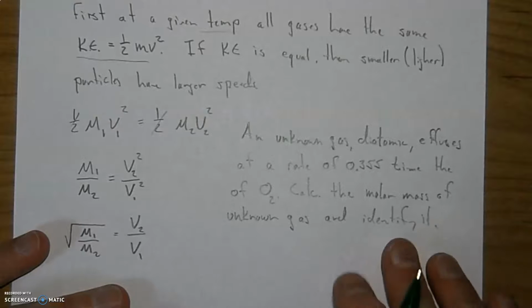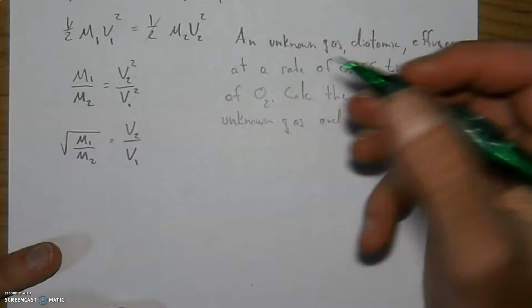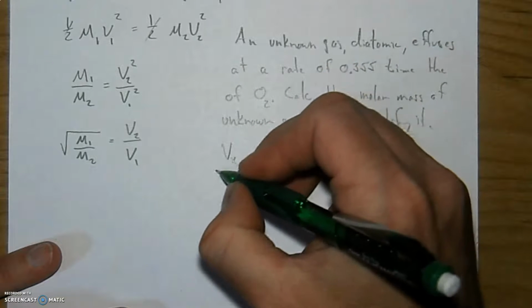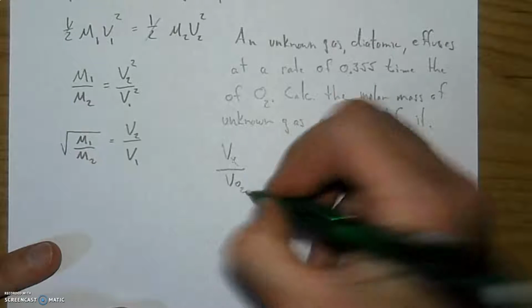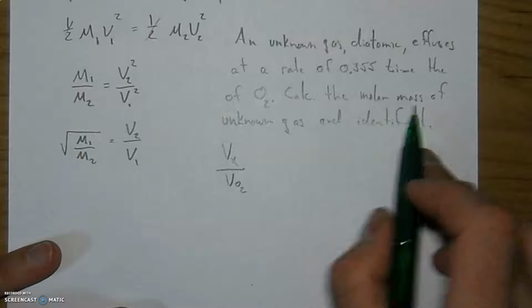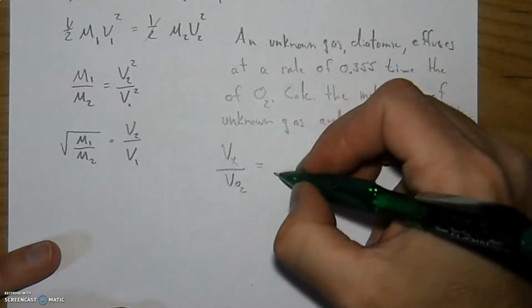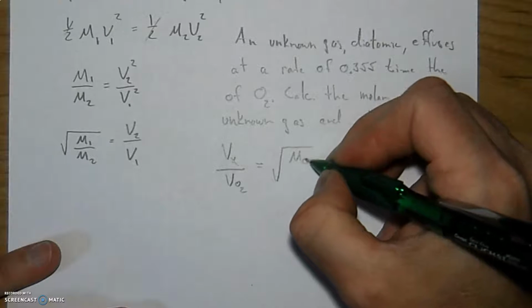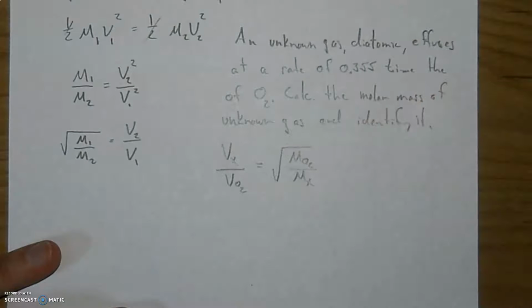How we will treat this setup is I'm going to focus on the velocity of this gas in comparison to oxygen, so calculate the molar mass of this compared to that. I'm just setting it up here, figuring out what I know and what I don't. This will be the setup.